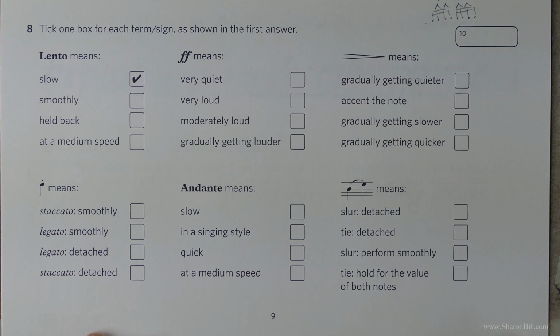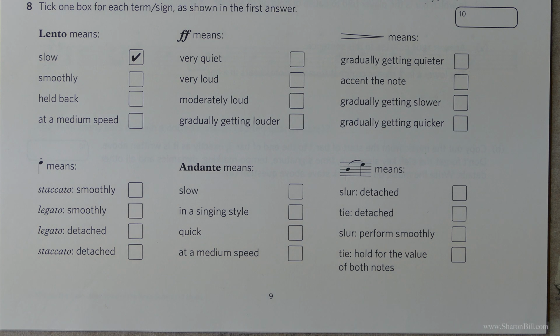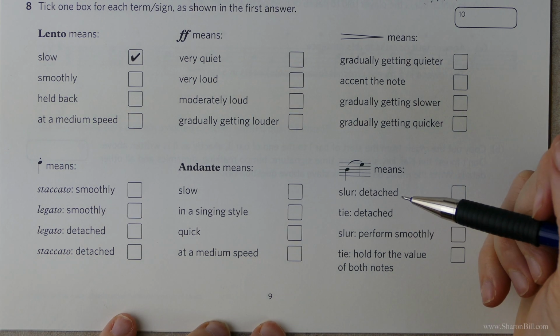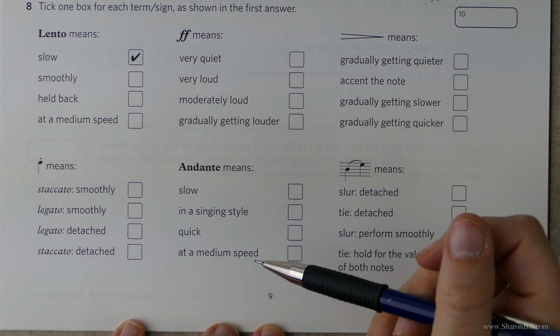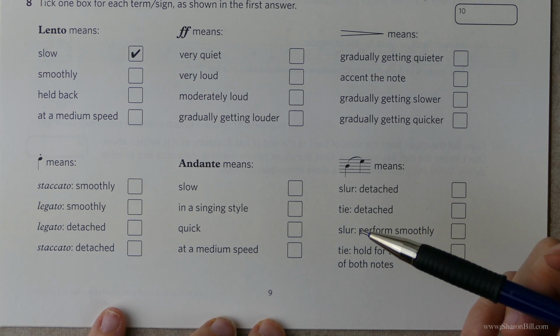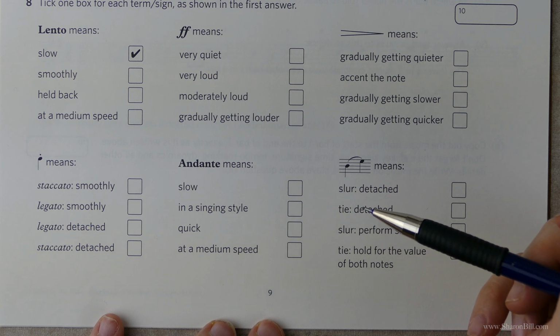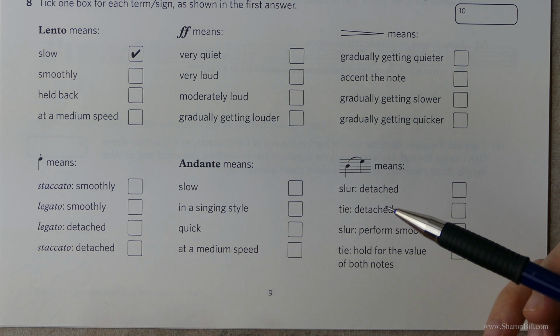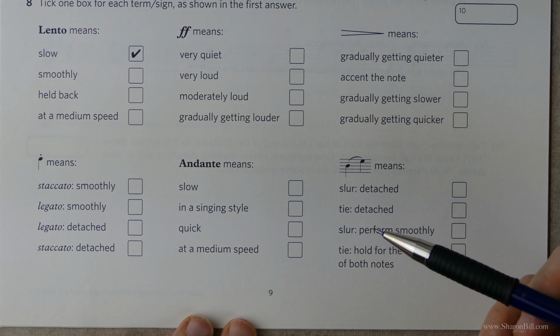Let's move on. Now here we see the new look of the layout of the paper from 2018 onwards, where all of our musical terms and performance directions are presented to us in multiple choice format. It doesn't get away from the fact that you do need to revise these, and as we progress through the grades this is added upon, so the list becomes accumulative, so there's always a lot to be revising.